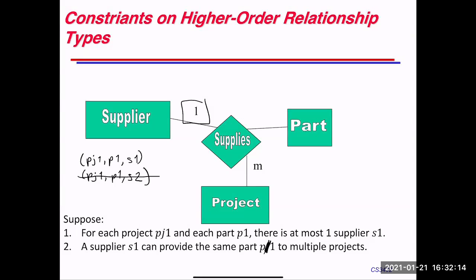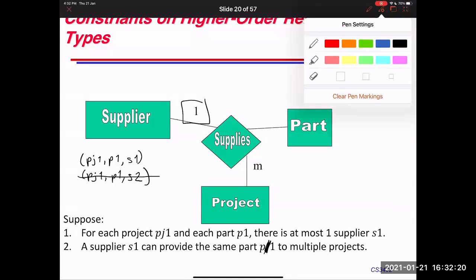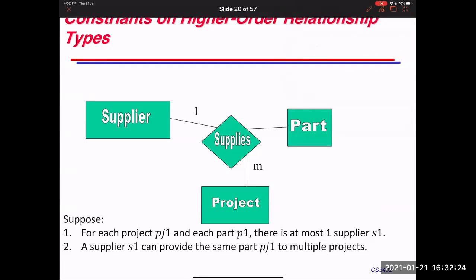All right, and again, looking at the kind of tuples that we can have, this tells me that I can have some project PJ1 and some part P1 and supplier S1.